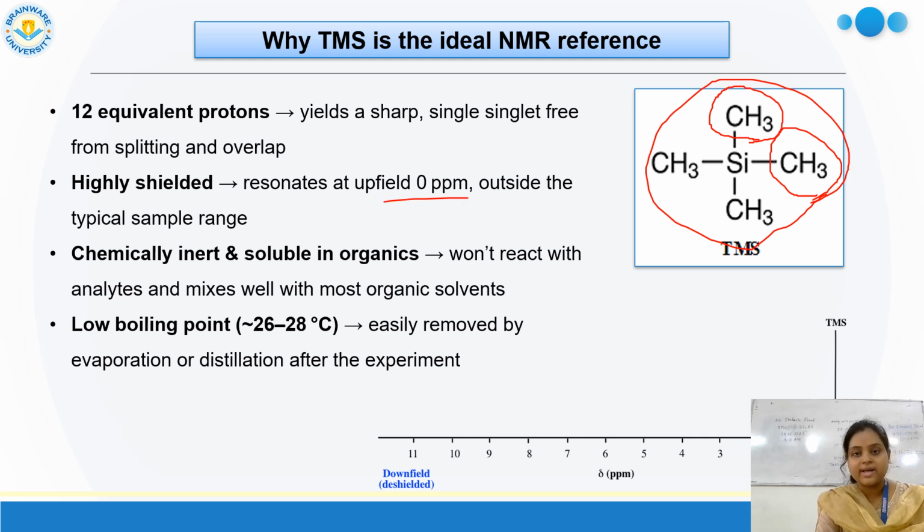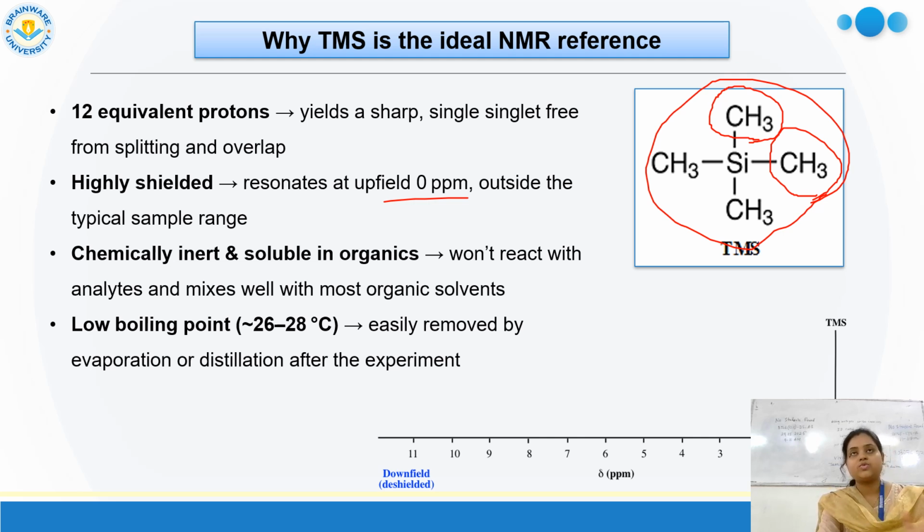No other compound has shown such a shielded proton, so it is considered 0 ppm. The other criterion is that it is chemically inert.